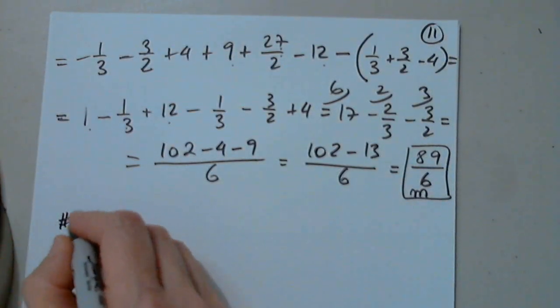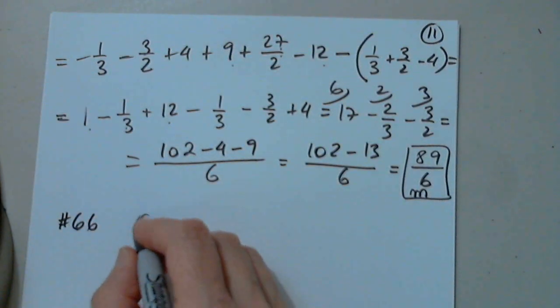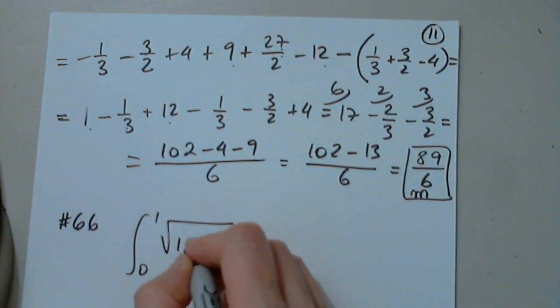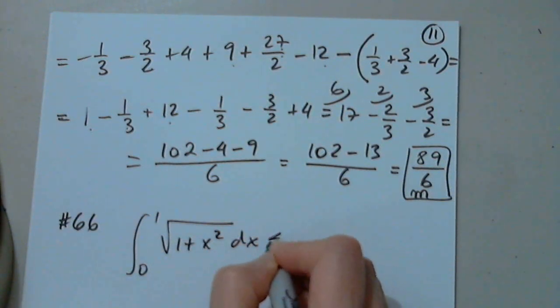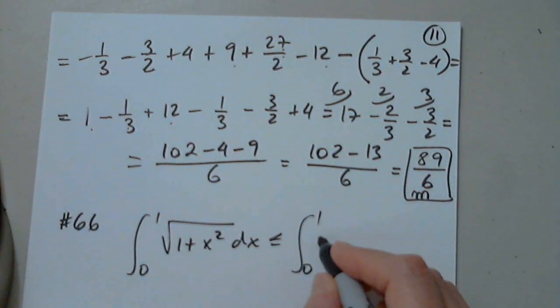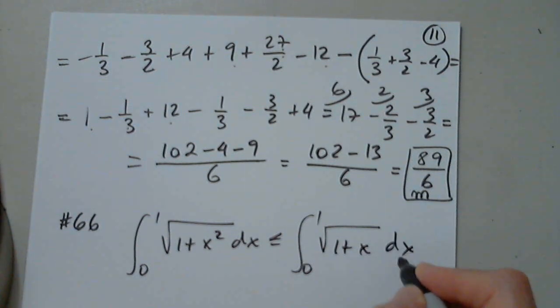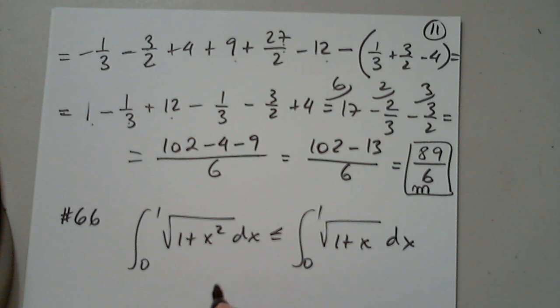Let's look at 66. So 66 is the integral from 0 to 1 of the square root of 1 plus x squared dx, less than or equal to the integral from 0 to 1 of 1 plus x dx. Perfect. Very good pick. Okay. So remember, like with this theorem, we have to start with x.